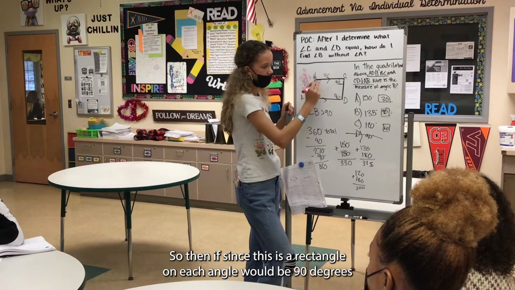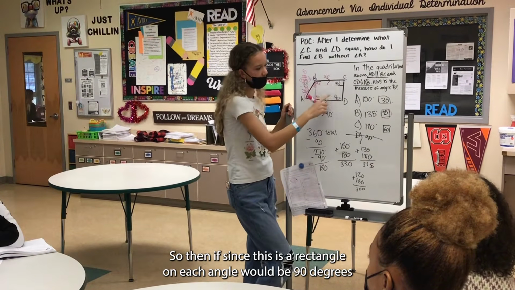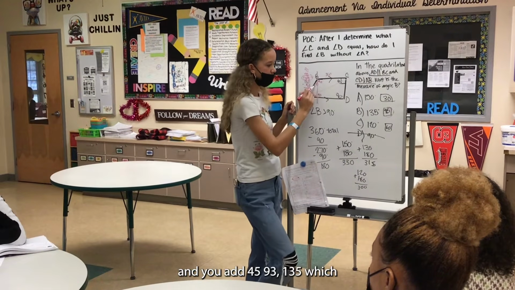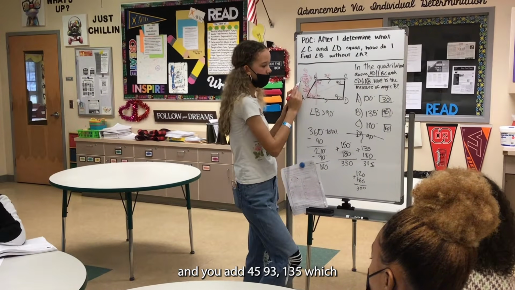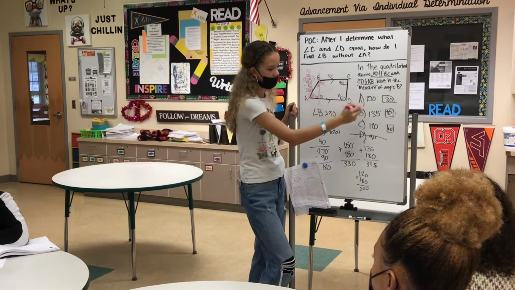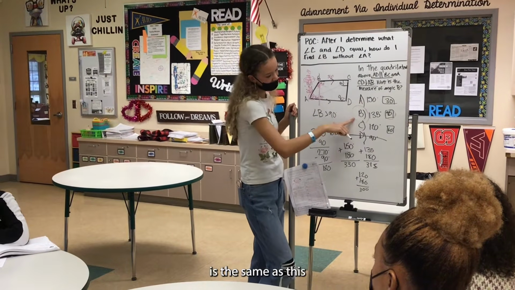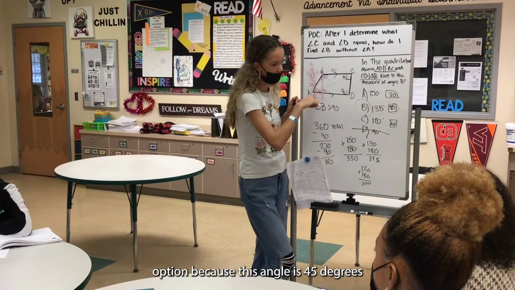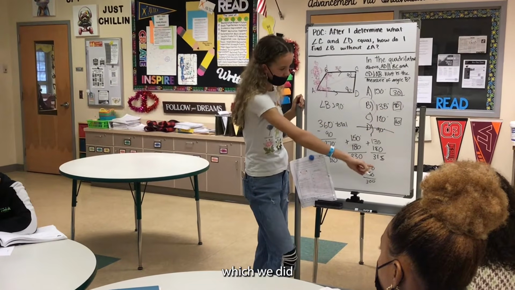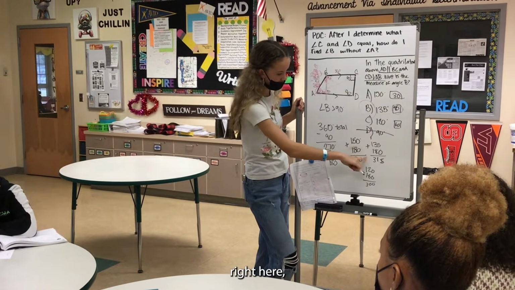Then since this is a rectangle, each angle would be 90 degrees, and you add the 45 and the 90, getting 135, which is the same as this option because this angle is 45 degrees, which we did right here.